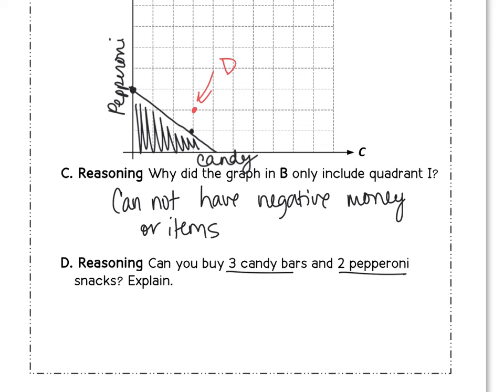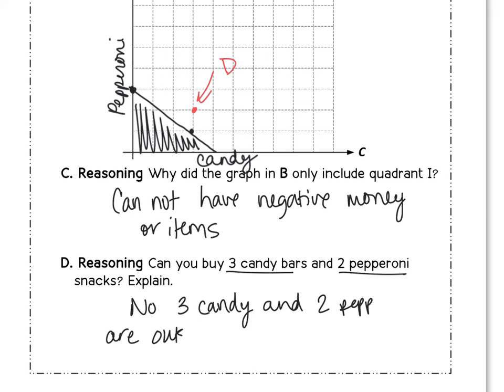So no, they cannot have 3 candy and 2 pepperoni. They are outside the solution set. It is outside of where it actually works for the problem.